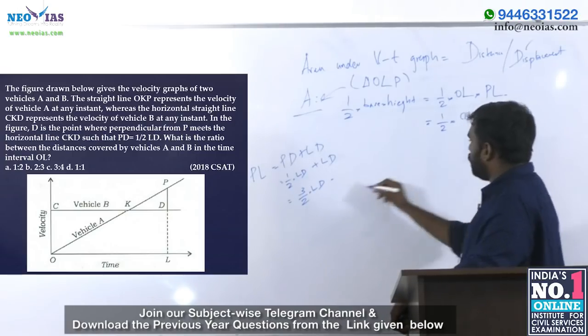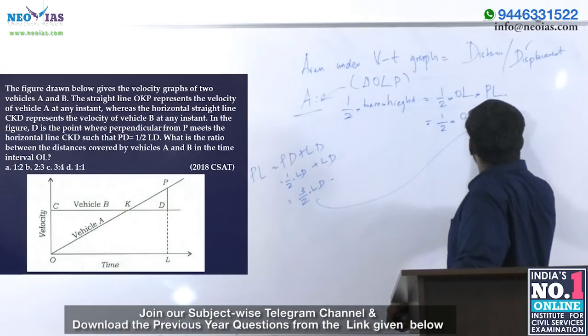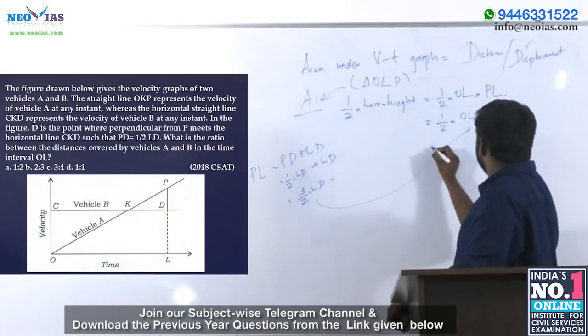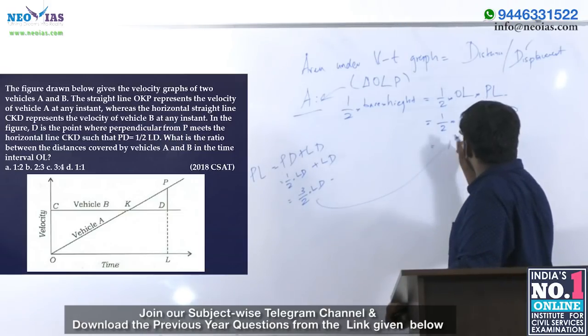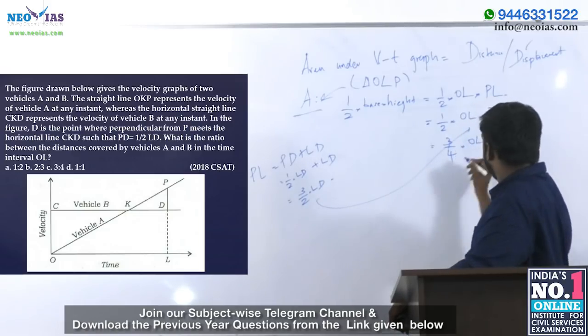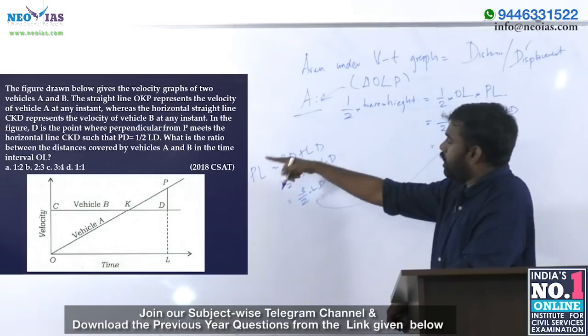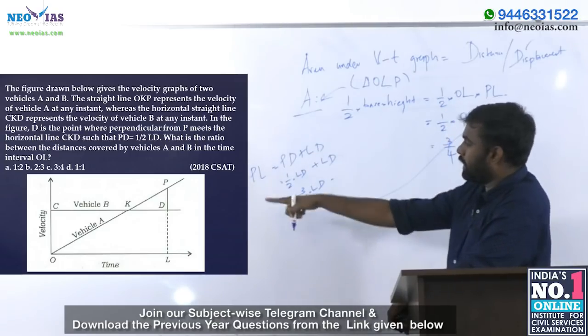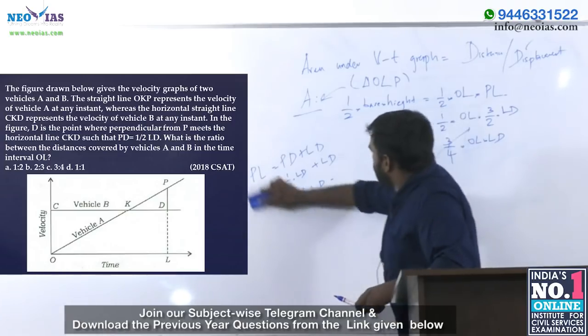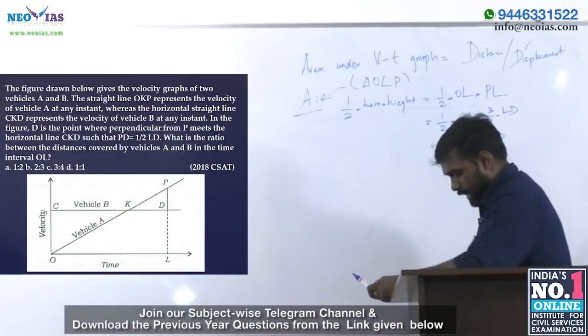So we can substitute the value here. This will be 3 by 2 of LD. So this will become 3 by 4 of OL into LD, which gives you the area of the graph plotted by vehicle A, right? So we got the case of vehicle A.